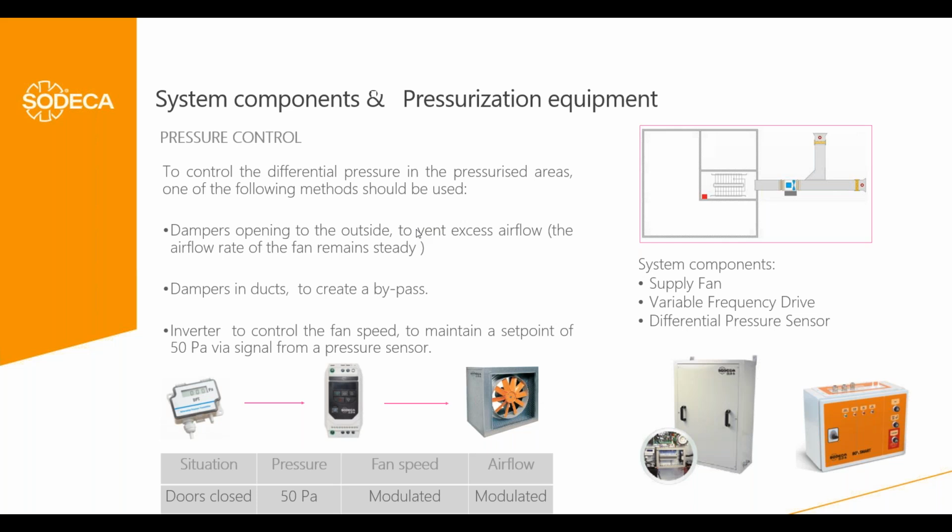So we design our system for the airflow for the door open condition. We know that for the door closed condition this is too much. So we install a damper at the top of the staircase that when the overpressure below the louvers of the damper exceeds the nominal overpressure, 30 pascals for instance, the louvers automatically, due to the overpressure, open and evacuate the excess of airflow.